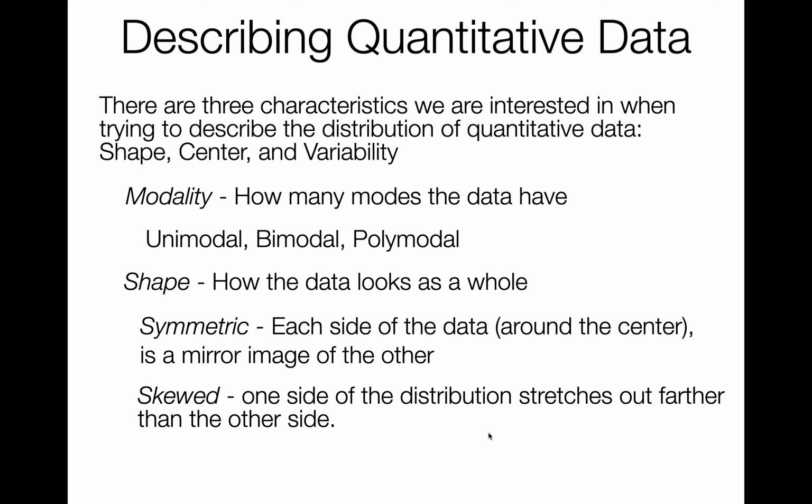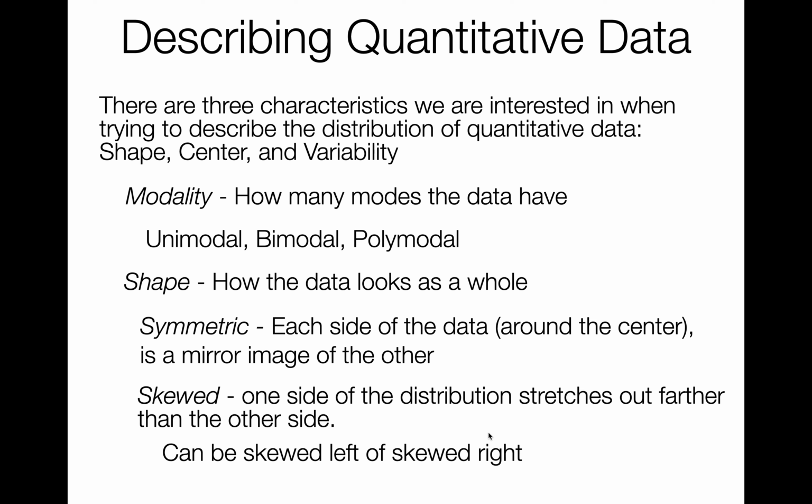Now, if things aren't symmetric, they're called skewed. Okay? And so skewed means that one side of the data, or the distribution of data, and we'll talk about what distribution means a little later on, stretches out farther than the other side. Okay, so I have a few examples here of what skewed looks like.